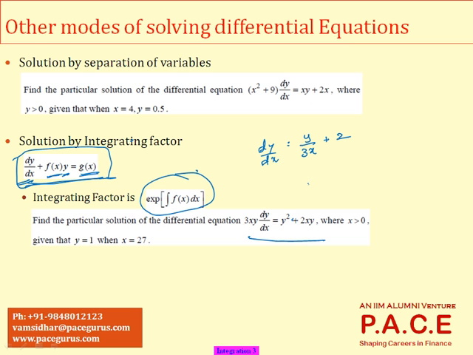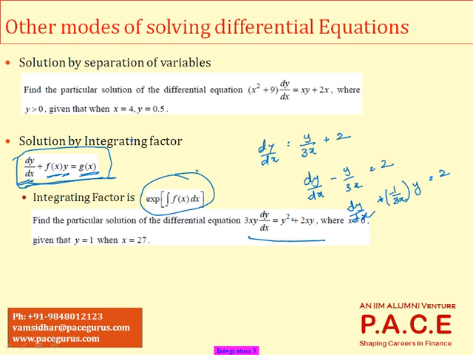What I'll do is, I will bring the y by 3x to this side. dy by dx minus y by 3x is equal to 2. Now this is more like this form. If you see here, dy by dx, so y is there. So I'll write it as f of x is minus 1 by 3x into y. So f of x into y is equal to g of x.